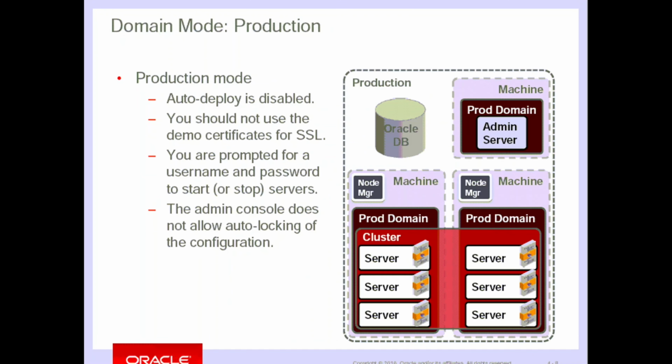The other mode is production mode. Production mode is basically for live environments where a production application is running, so we need to consider certain security challenges. We can go with production mode for the live environment. In a live environment, auto deployment is disabled. You should not use the demo certificate for SSL.